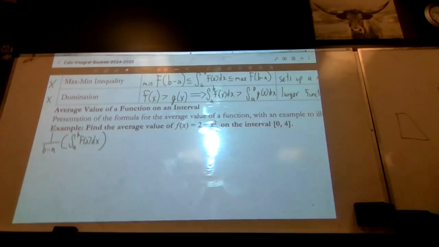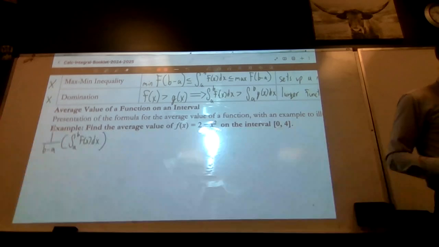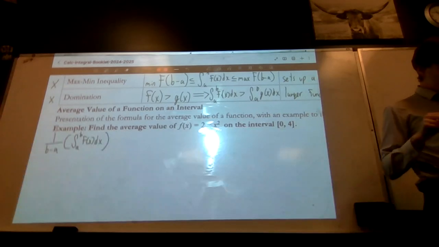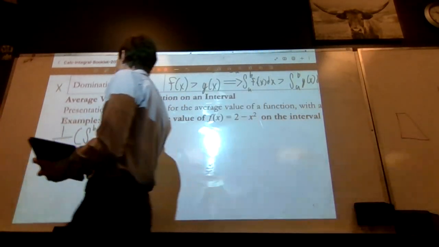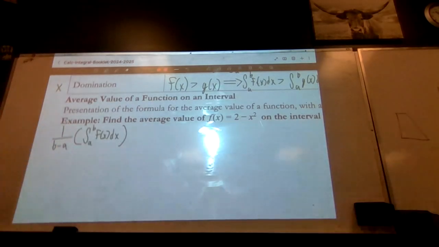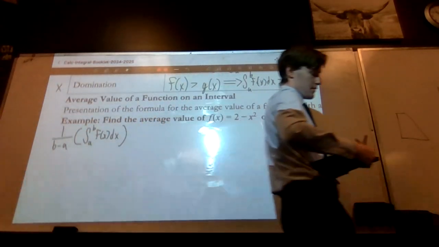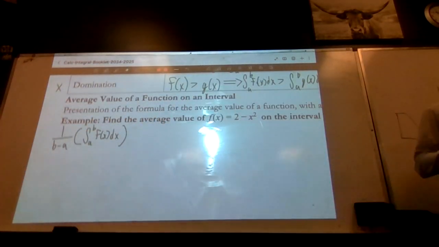Okay? So, what I'm going to do now is show an example with this. All we need to do is find the integral from one point to the next, and then divide that by 1 over the distance from b to a, which you find by doing b minus a.